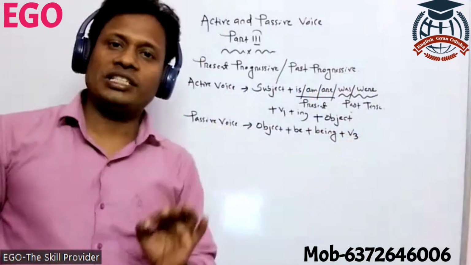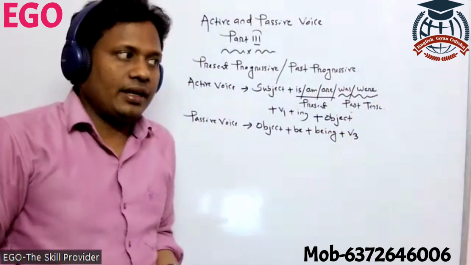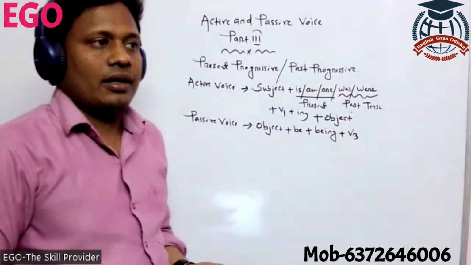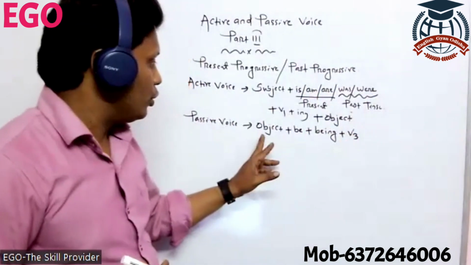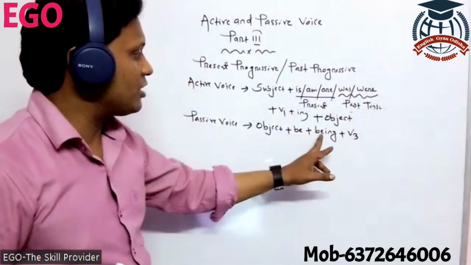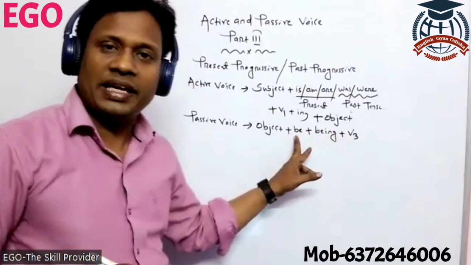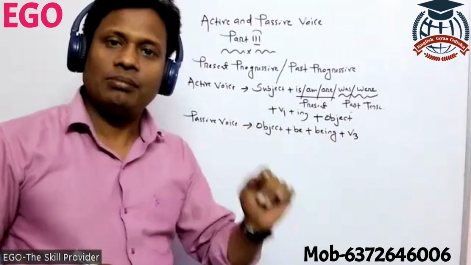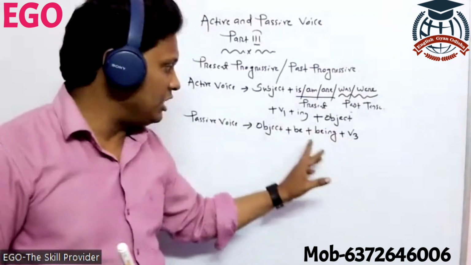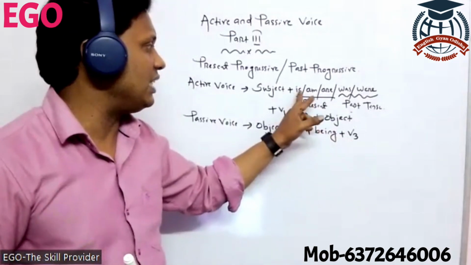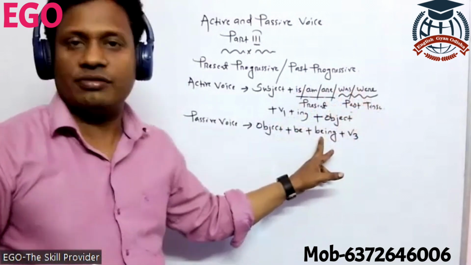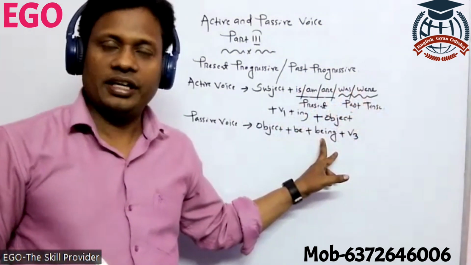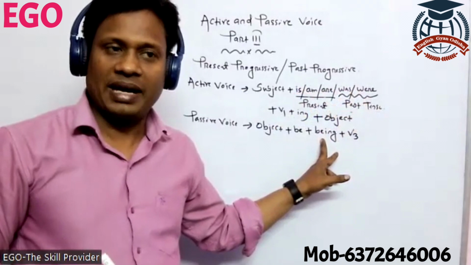So the verb form is always v3. Whenever you say I was taken, that means it is in passive because v3 has been used. So object plus be plus being plus v3. What is be? Be is called is, am, are, was, were. If it is present tense, then you can use is, am, are. If it is past tense, it is was, were. And being is very common, whether it is past tense or present tense, it doesn't matter.